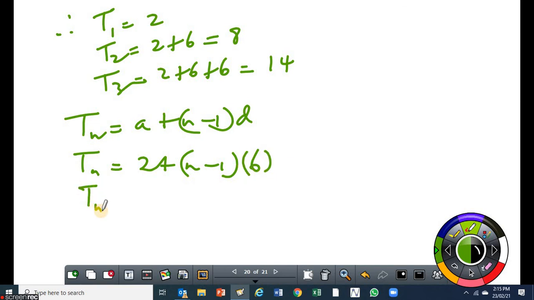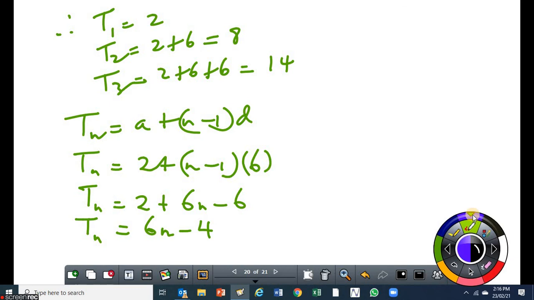So this gives me Tn equal to 2 plus 6n minus 6. And that's equal to 6n minus 4. Okay? And then you are done. Alright? So I think I'm done with this.